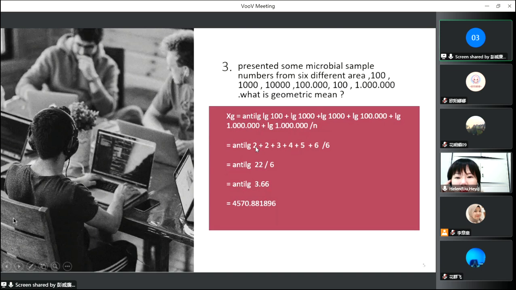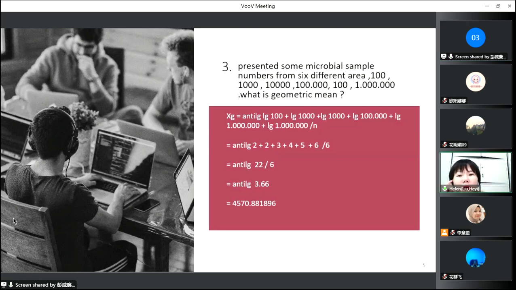So 2 plus 2 plus 3 plus 4 plus 5 plus 6 divided by 6, and 22 divided by 6, and 3.66 equals 457.8.